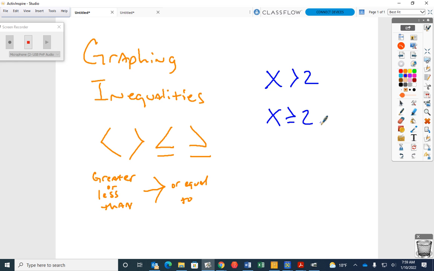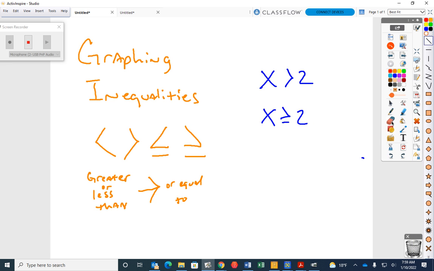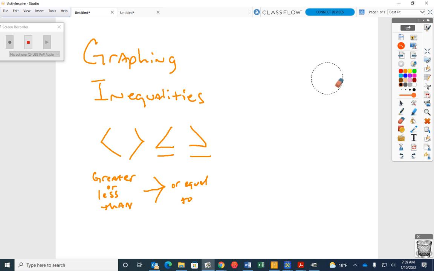Now, if you remember, when we graphed things, everything you graphed last week, what form were those equations in? Anybody remember? Slope-intercept form, right?